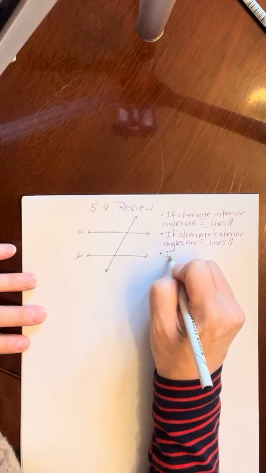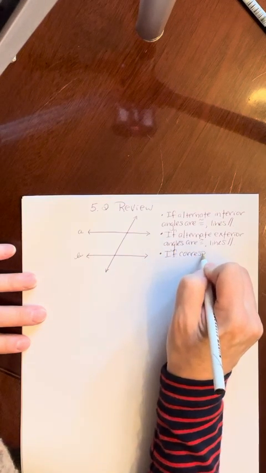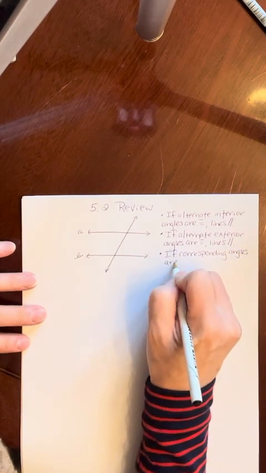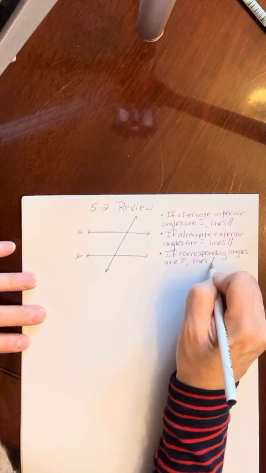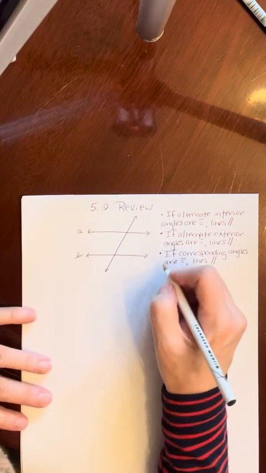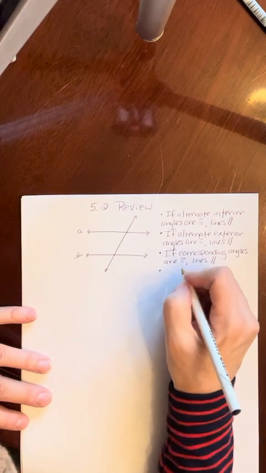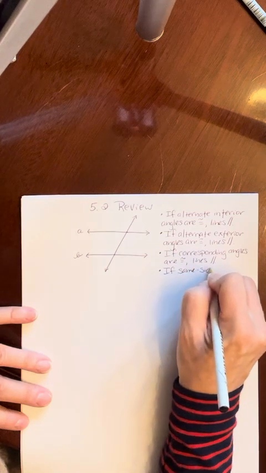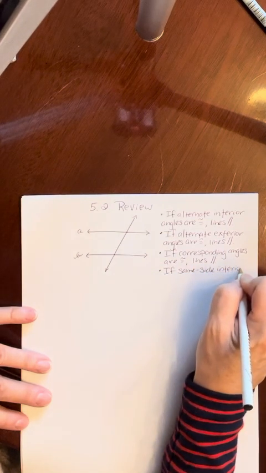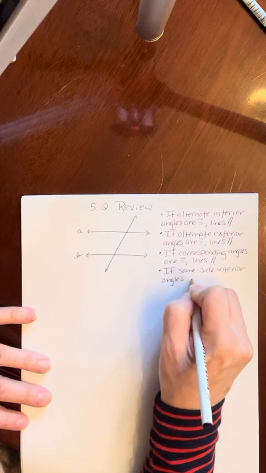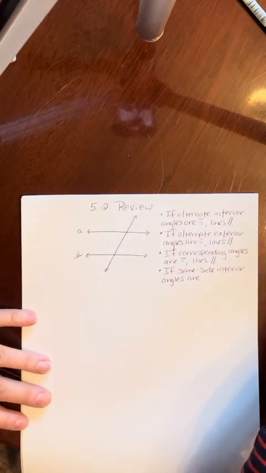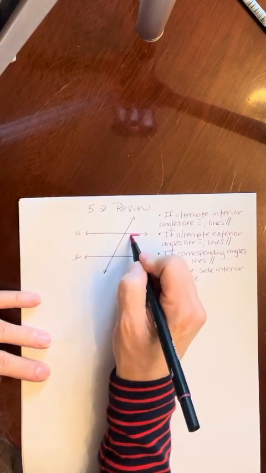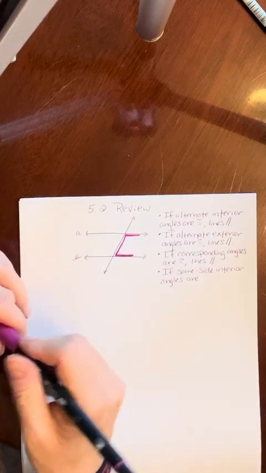And then we also have if corresponding angles are congruent, then the lines are parallel. And then there were 2 that we didn't spend a ton of time talking about, but we have if same side interior angles are, now they're not going to be congruent, so same side interior, remember those are the angles on the same side of the transversal, but on the interior, they form a C like that.